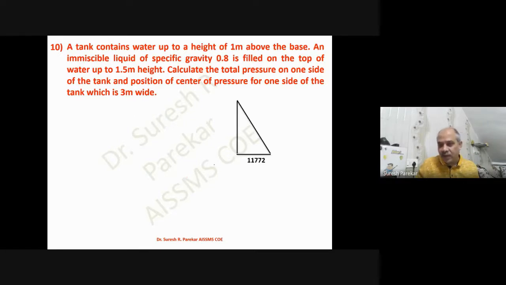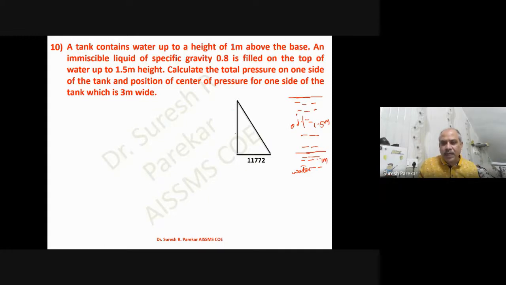If I draw the diagram over here, we have it in this fashion: oil of specific gravity 0.8 till this portion, and below this we have water. So this is 1.5 meter, and this is 1 meter.